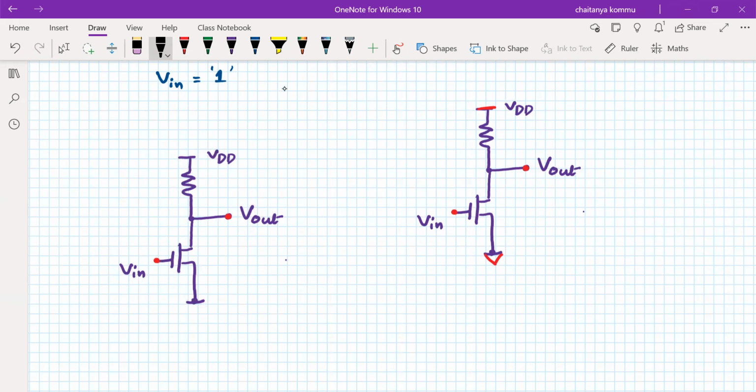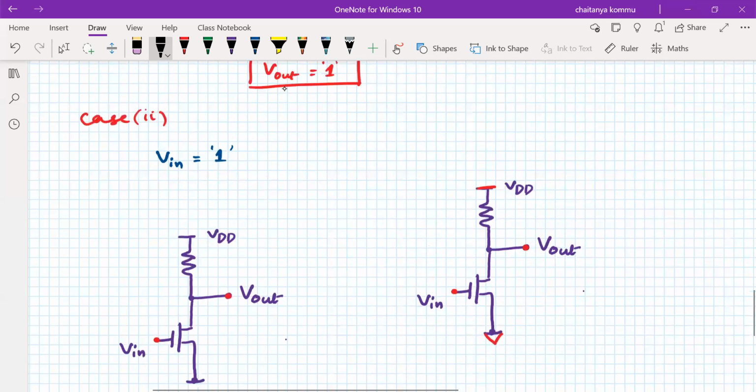The transistor becomes on. We talk about that later.